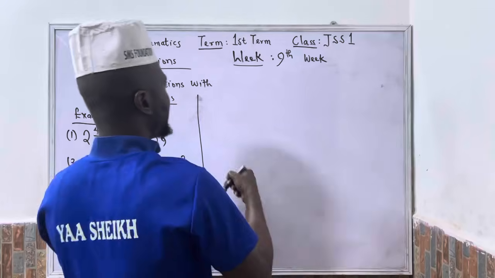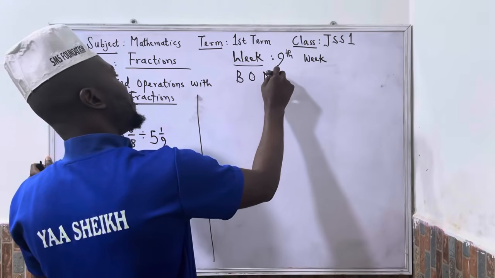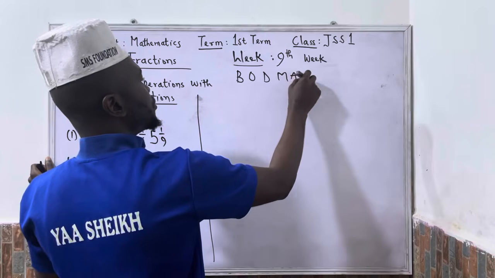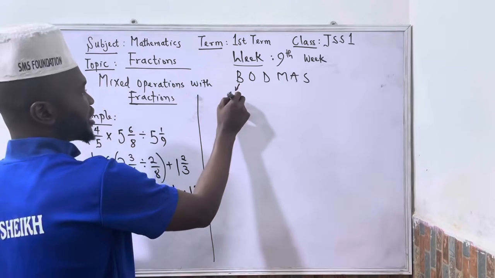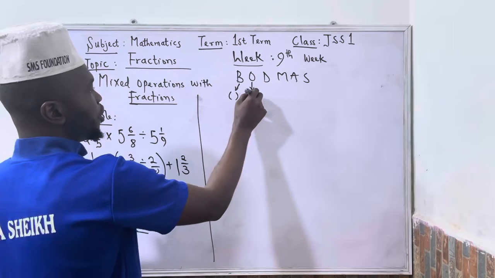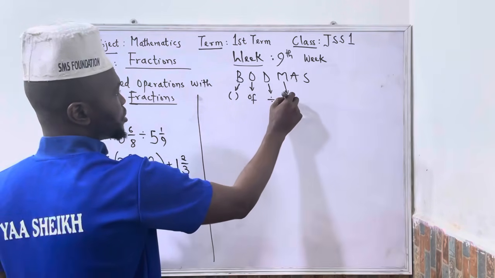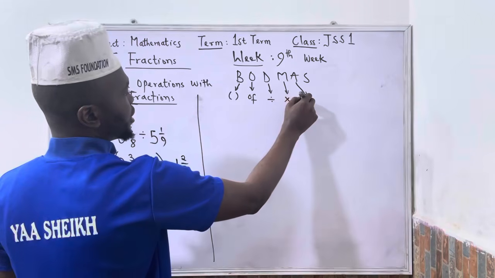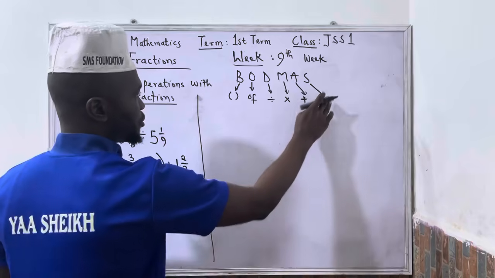So let me write it here, BODMAS. So that we know we'll be saying it. B stands for brackets, O stands for "of", D for division, M for multiplication, A for addition, and S for subtraction.